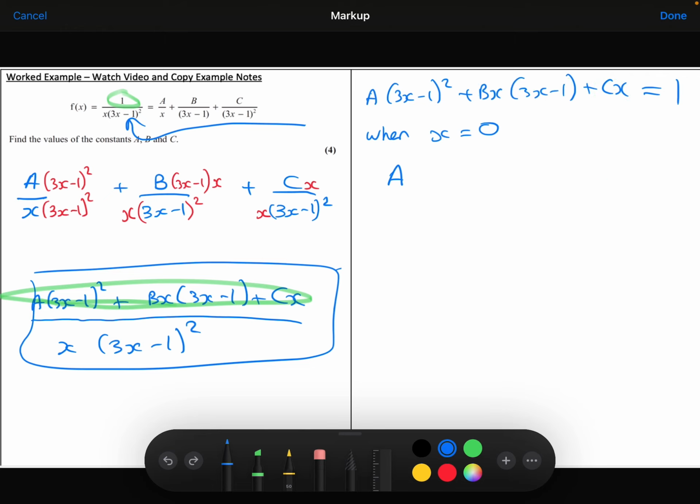Now let's move on to figuring out what b and c are. I am now going to use the substitution, the special case when x is 1/3. And the reason I've picked 1/3 is because that is going to make this bit here become 0. 3 times 1/3 minus 1 is 0. So that means that a times 0 is 0, and all of this term here is going to be 0.